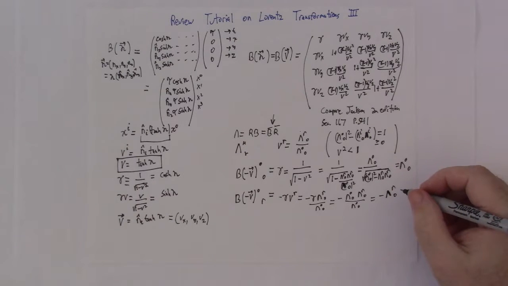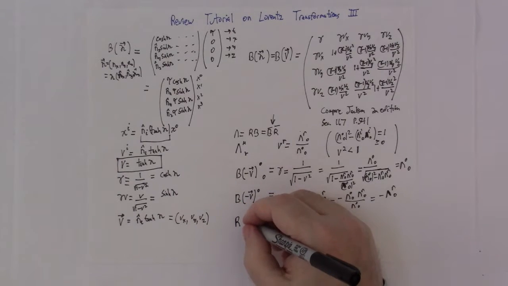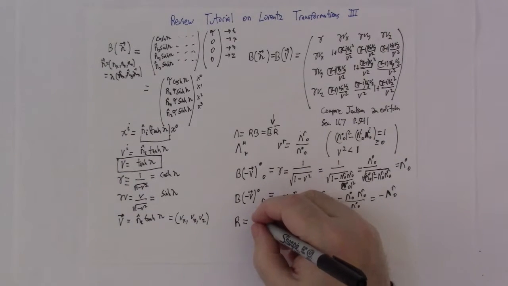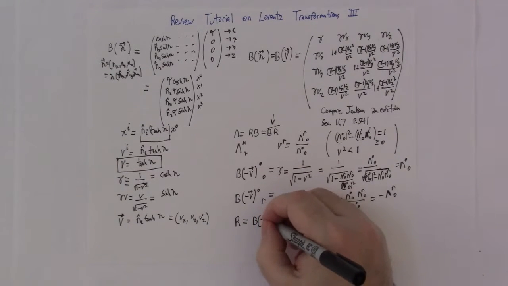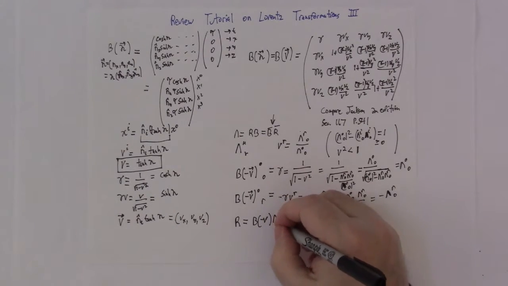Okay. Now I'm going to define a new Lorentz transformation. I'm going to call it R. And it's just going to define this as the boost b of minus v times lambda.